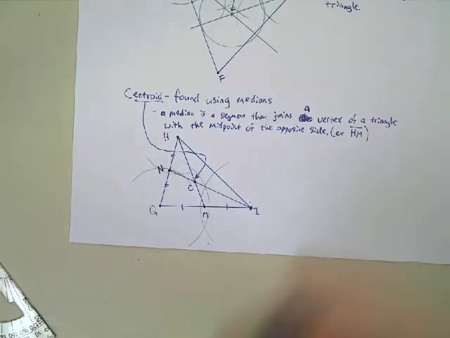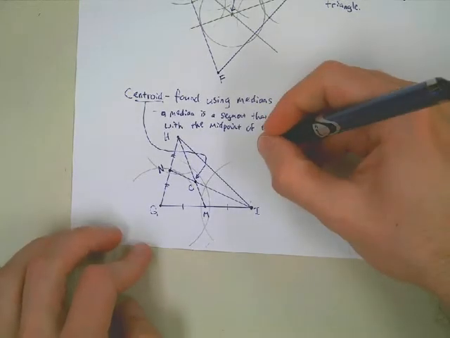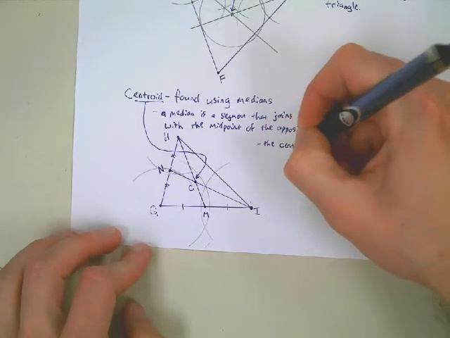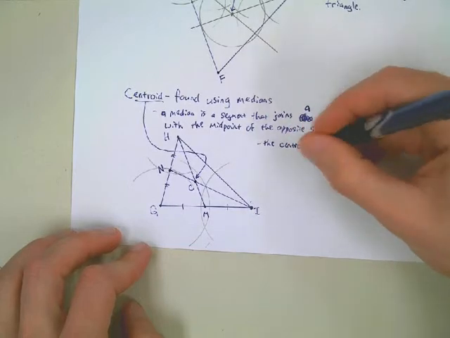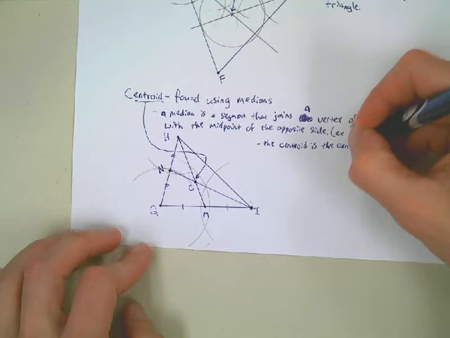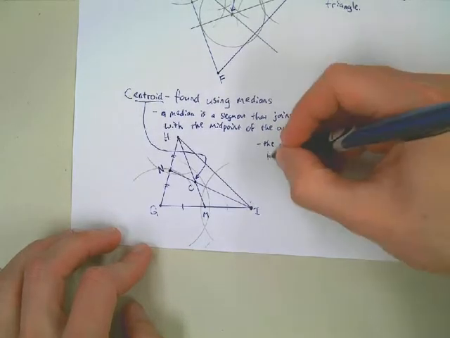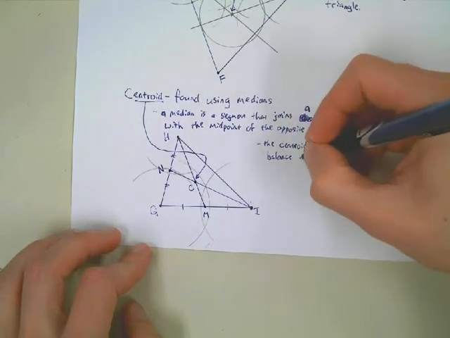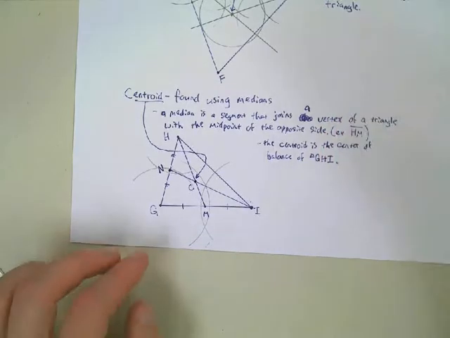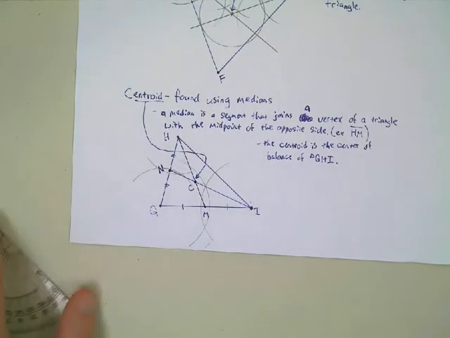The centroid is the center of balance of triangle GHI. Do you guys know what I mean by the center of balance?